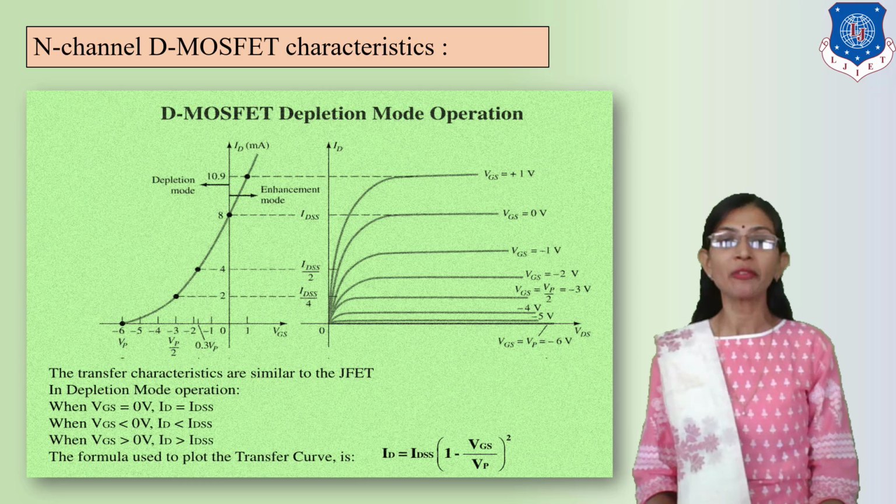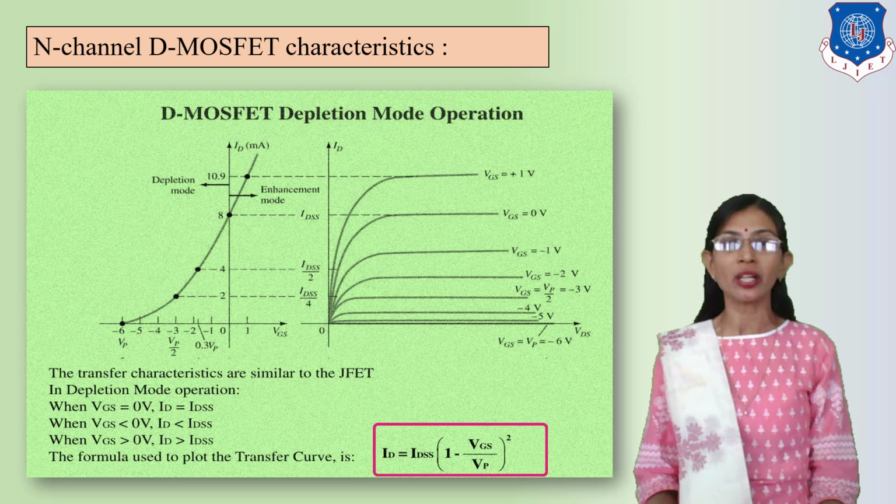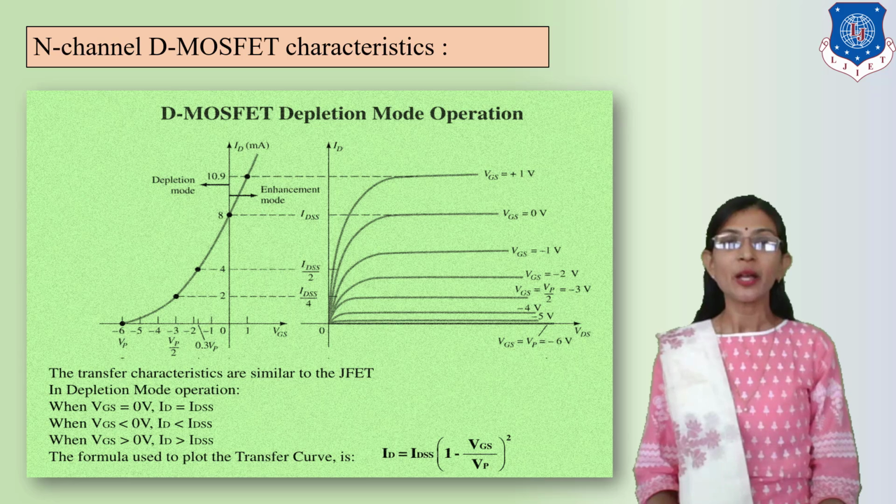Finally, again I have defined here ID equals IDSS times (1 minus VGS upon VP) whole squared. That is one of the most important equations, Shockley's equation, from which we can also define and explain this characteristic. These are the two main characteristics: one is the transfer curve and another is the drain curve.